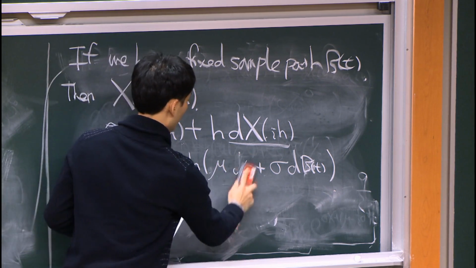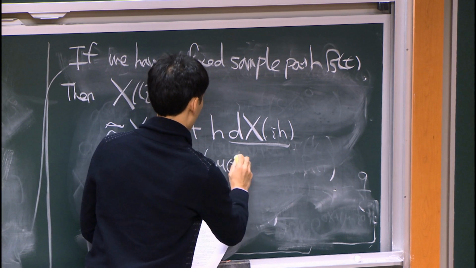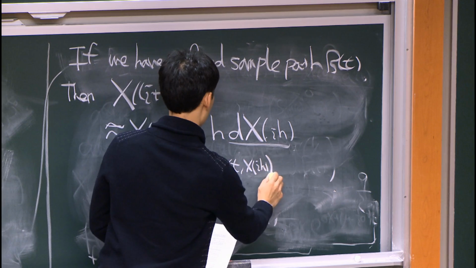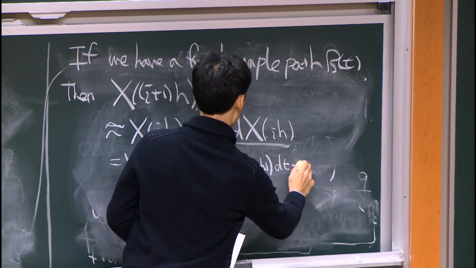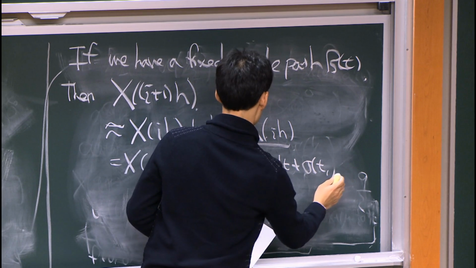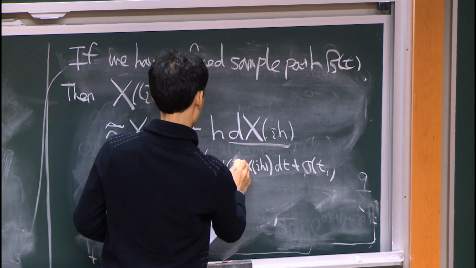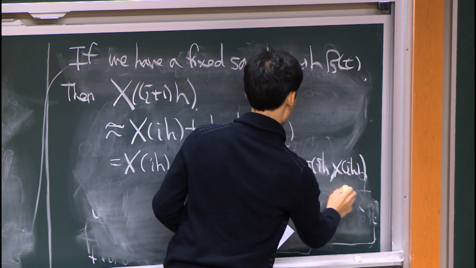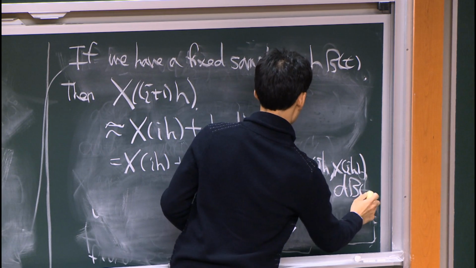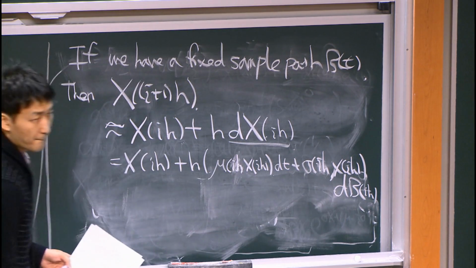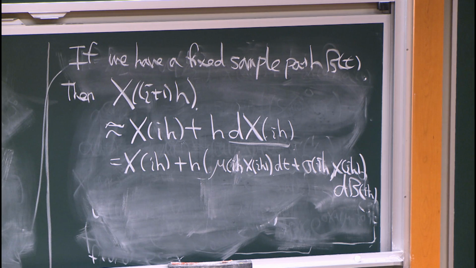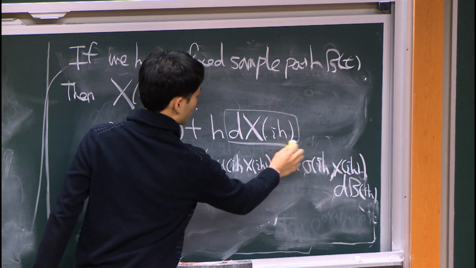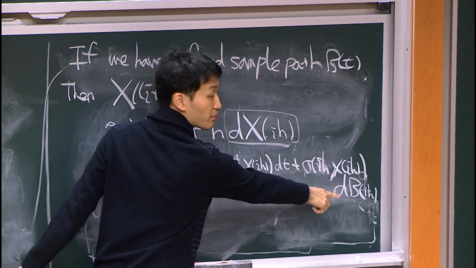And these mu and sigma depend on their paths, x at ih. So that here to here is Taylor expansion. Here to here, I'm going to use the differential equation. dx is equal to mu dt plus sigma dB_t.